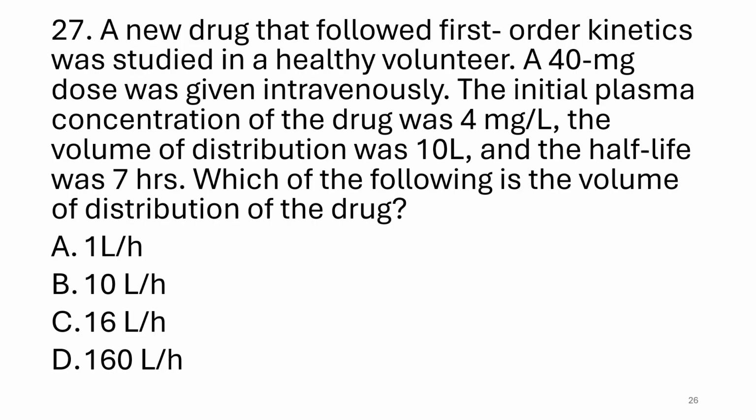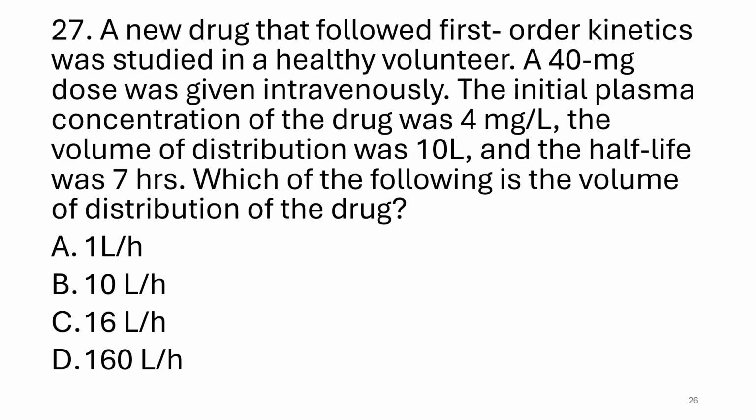So a new drug that follows first order kinetics, and in a healthy volunteer, a 40 milligram dose was given. The initial plasma concentration of the drug is 4 milligrams. The volume of distribution is 10 liters. Half-life is 7 hours.